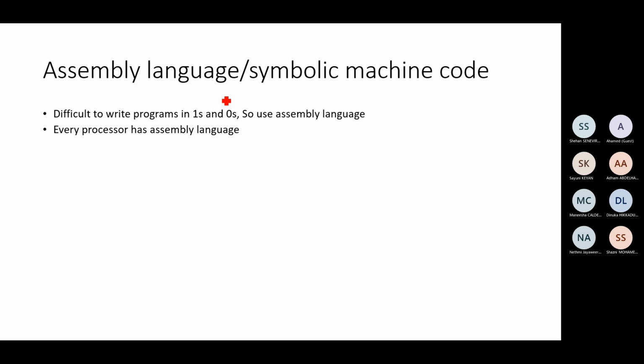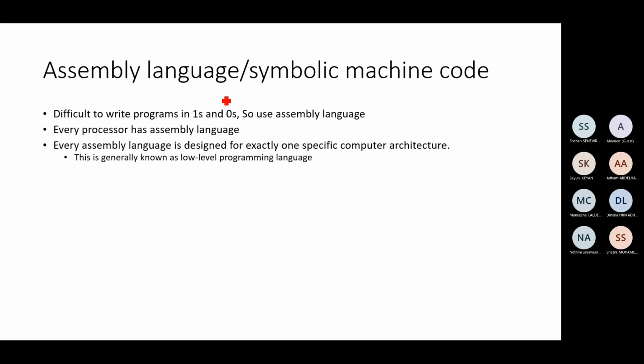Every processor has its own assembly language. That's the understanding you should have, because assemblers are focusing on a processor, as I told from the beginning, it's specified to do some work. Every assembly language is designed for exactly one specific computer architecture.